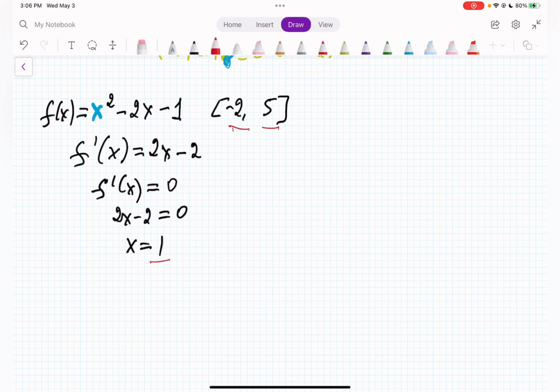We have to go now through every single point. So I'm going through the original function, plugging 1, negative 2, and 5 into it. f of 1 is equal to 1 squared minus 2 times 1 minus 1. So 1 and 1 is gone, and we have negative 2.